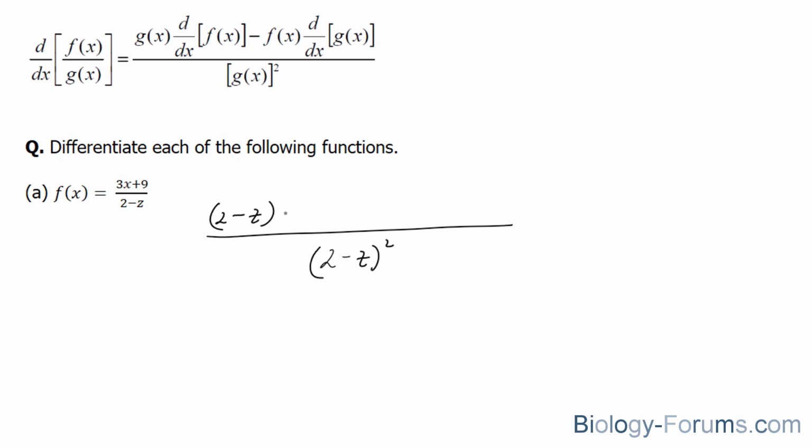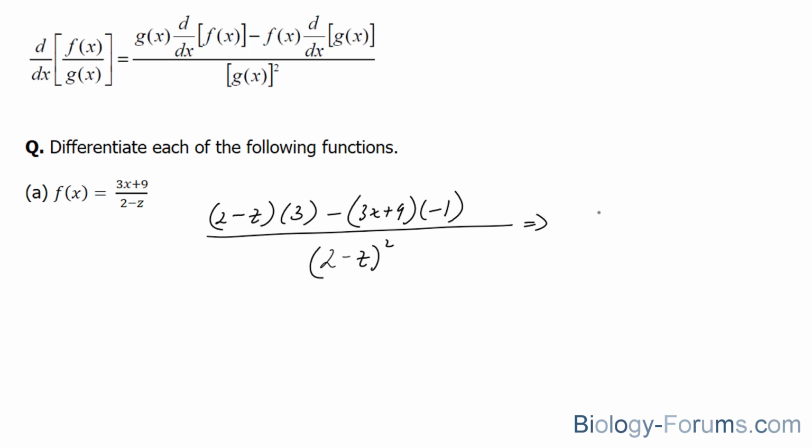The derivative of this will be 3. And then we subtract the function above, which is 3x plus 9, multiplied by the derivative of the bottom, which will equal negative 1. 2 goes to 0, that goes to negative 1.